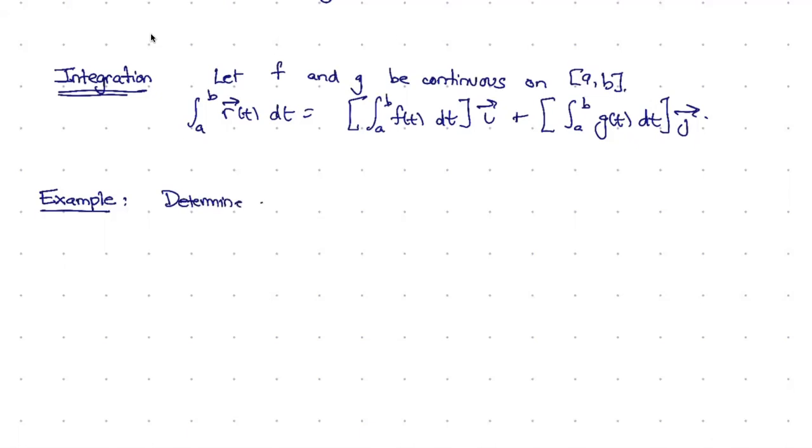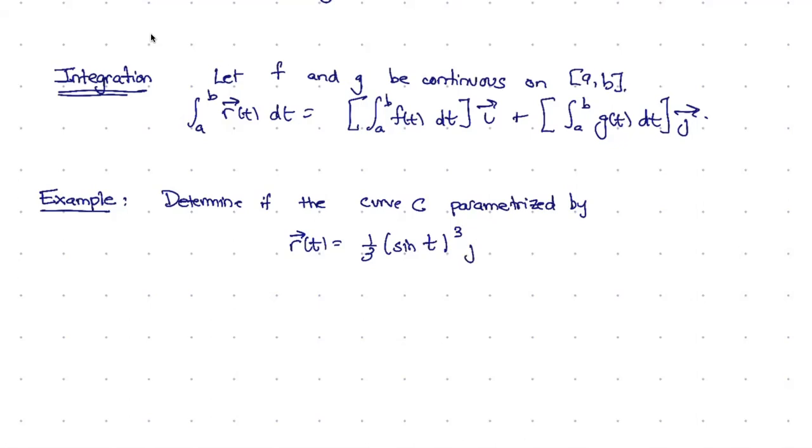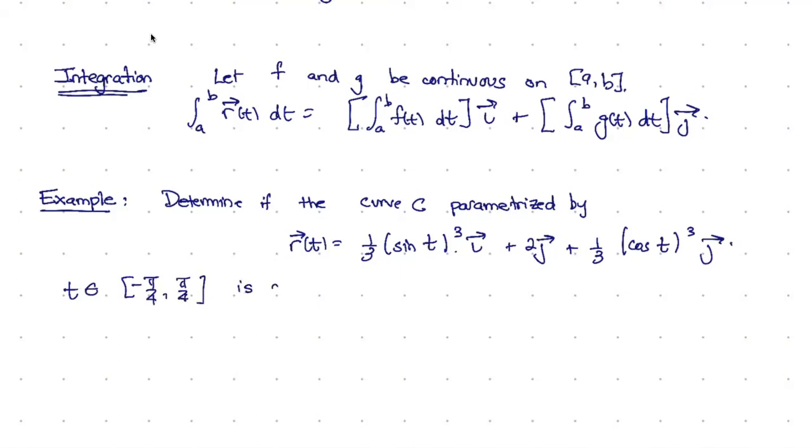Determine if the curve C parametrized by r of t equals 1/3 the sine of t cubed i plus 2j plus 1/3 the cosine of t cubed j, for t being in negative pi over 4 to pi over 4, is smooth. In other words, is it differentiable?